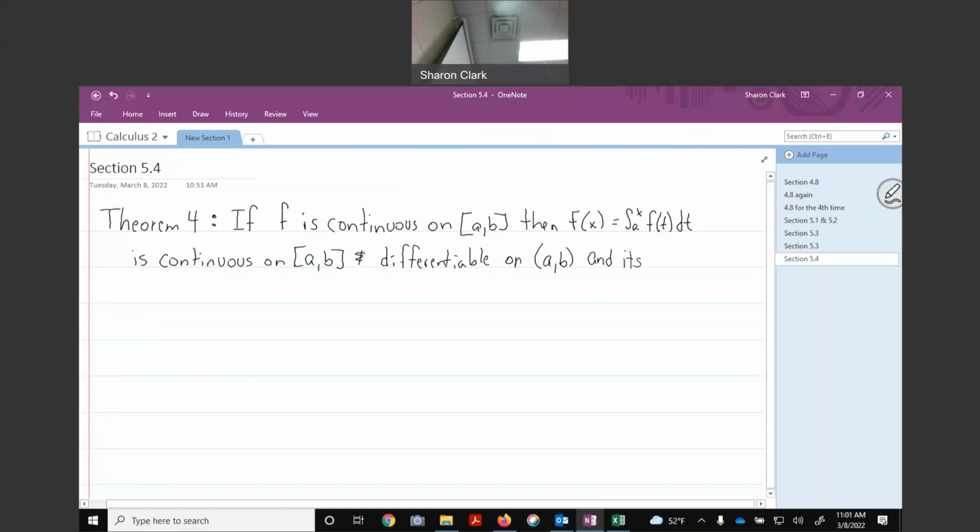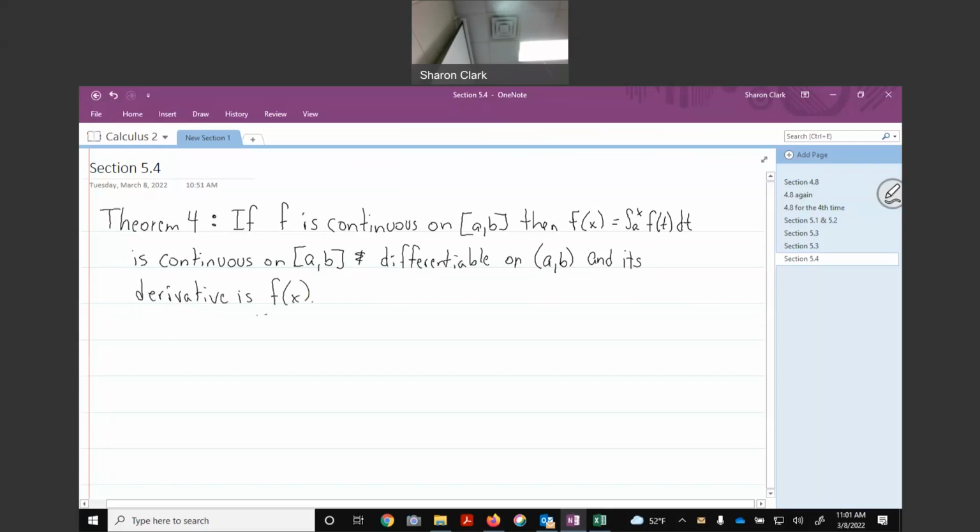And its derivative, not the anti, is f of x.